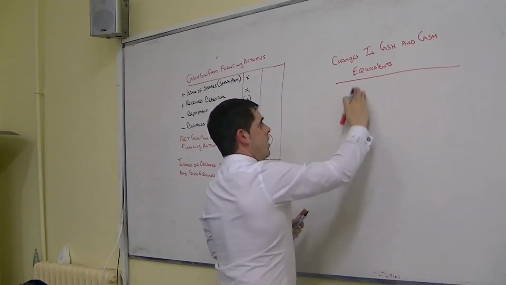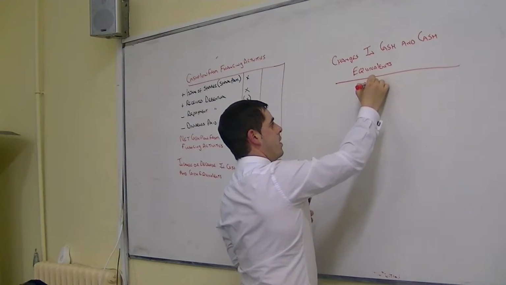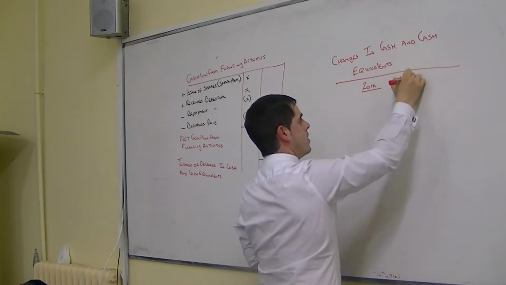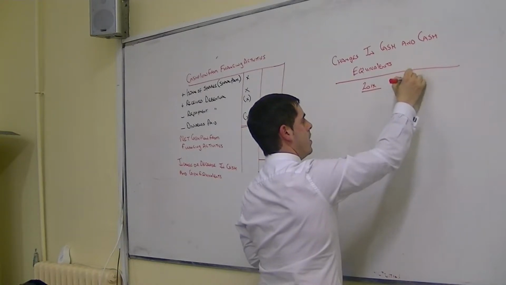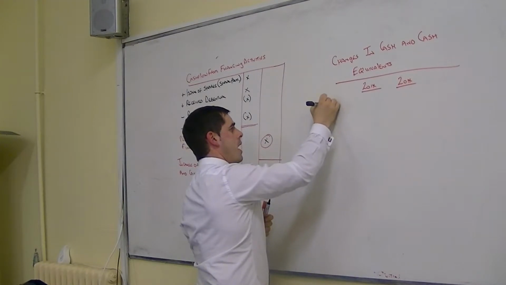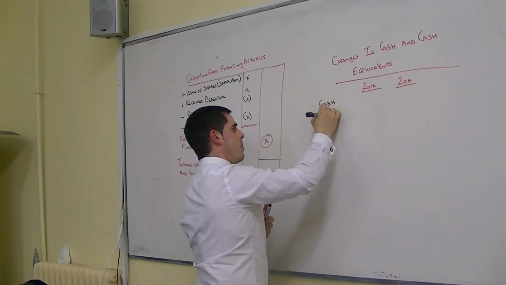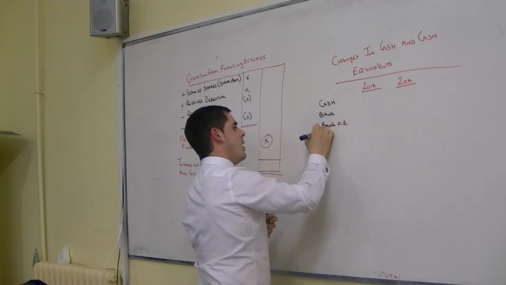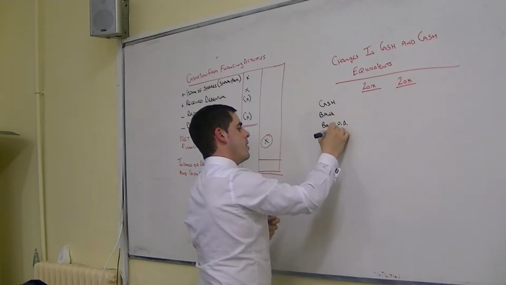So let's say, for example, we have 2001. So we have your two years, and what we could have: cash, bank, bank overdraft, short-term investments.